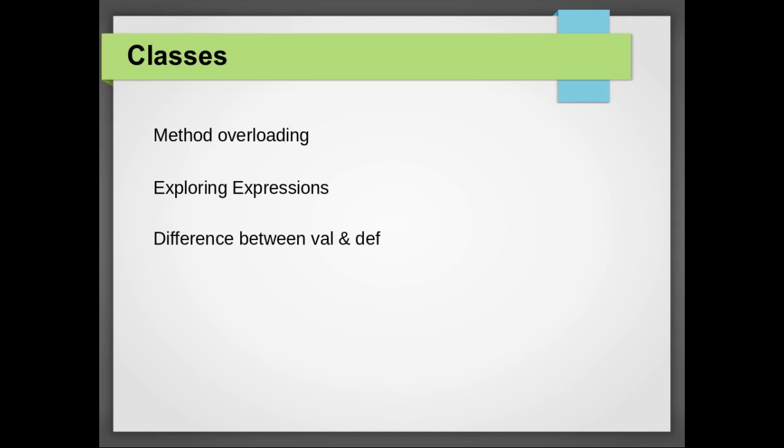We'll see subtle differences between val and def. We need to understand when to use val and when to use def. ToString method in Scala. We'll see how to stringify our objects. There is nothing much to explain here, so I will dive straight into the example. Again, we'll use Scala shell for the demo.